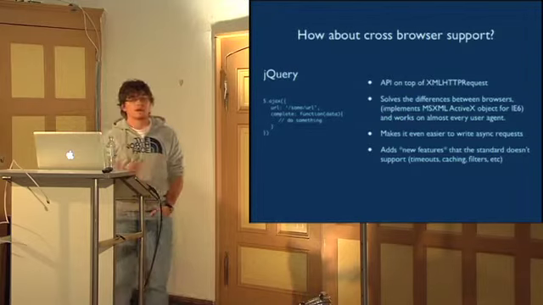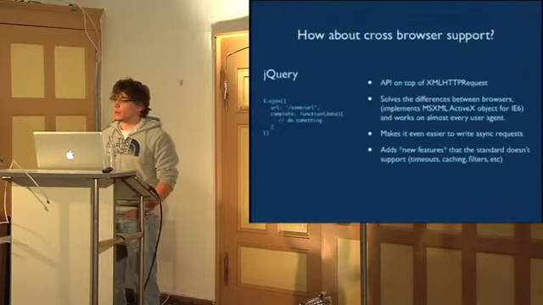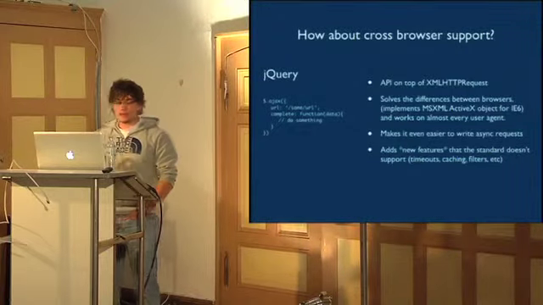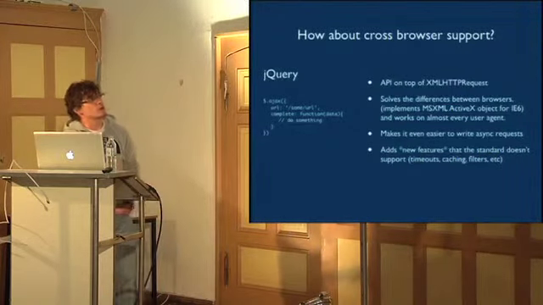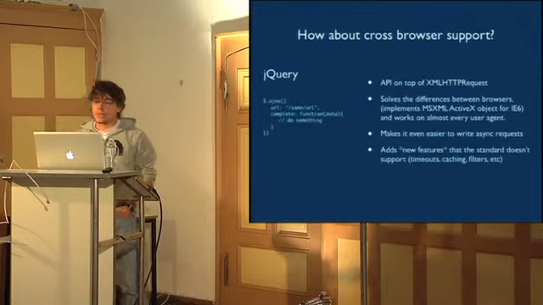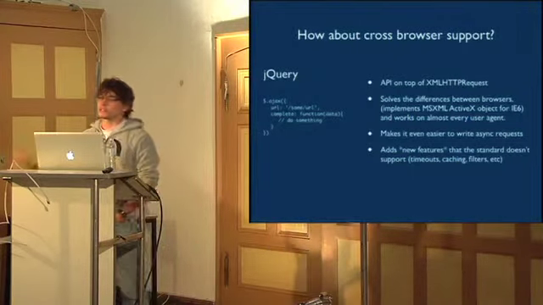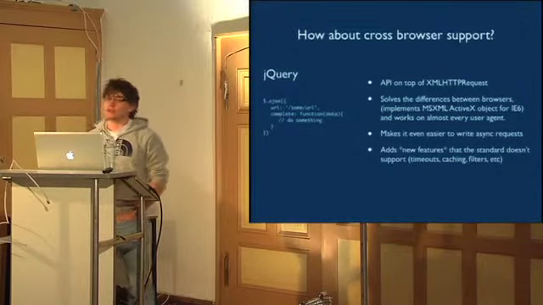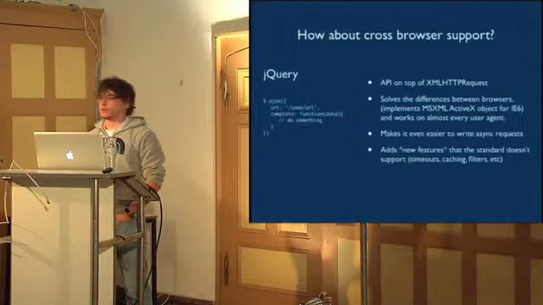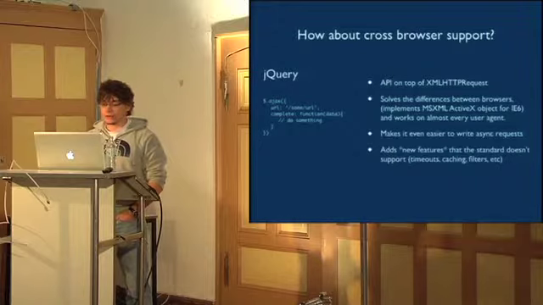These kinds of APIs make it simpler to achieve the goal of making an asynchronous request to the server. And they also add new features. In the case of jQuery, we now have support for timeouts, caching, filters, depending on the content type of the response. And again, the entire goal is that we're making Ajax simpler to use.